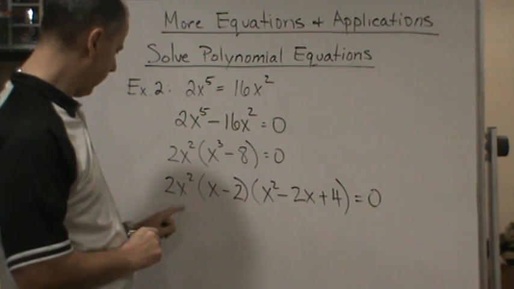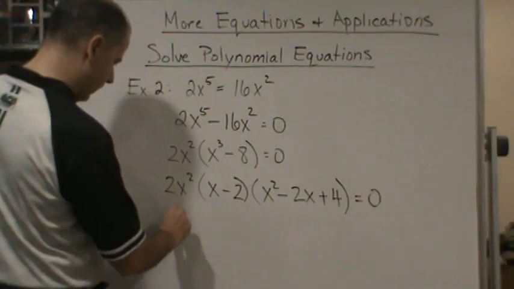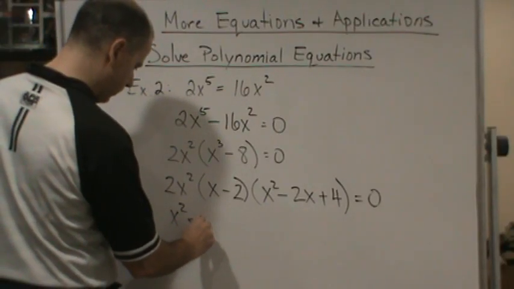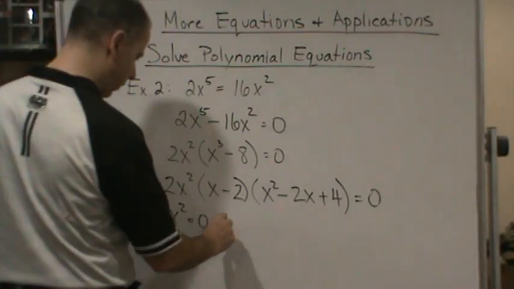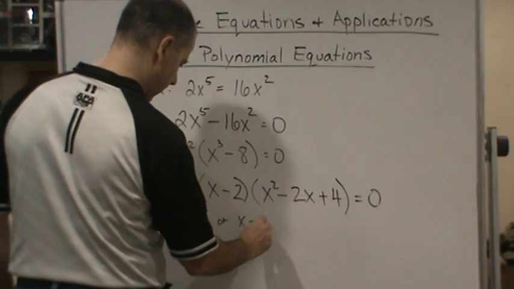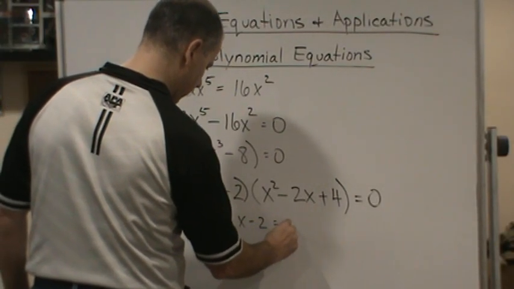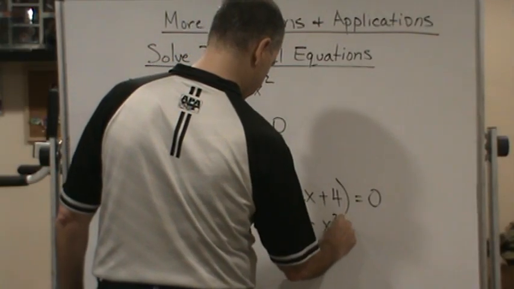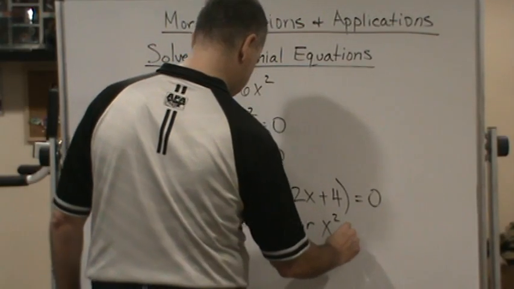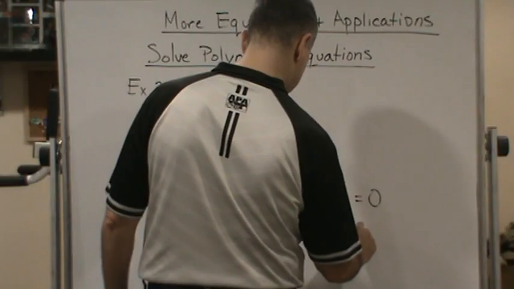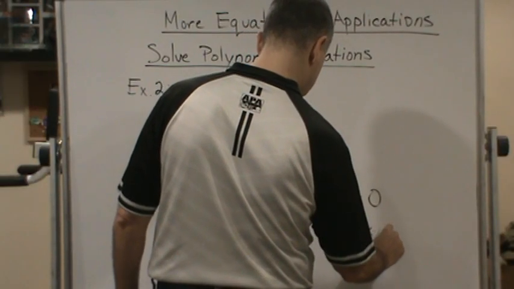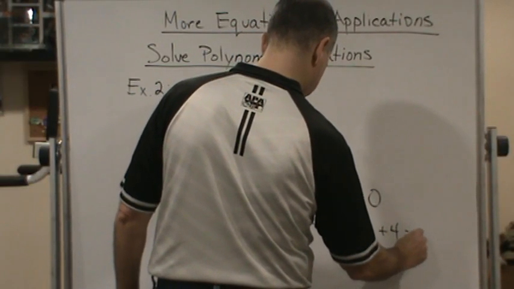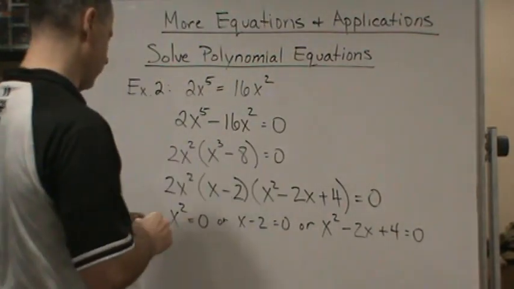This here is x squared, so it's going to be x squared is equal to 0, or x minus 2 is equal to 0, or x squared minus 2x plus 4 is equal to 0.